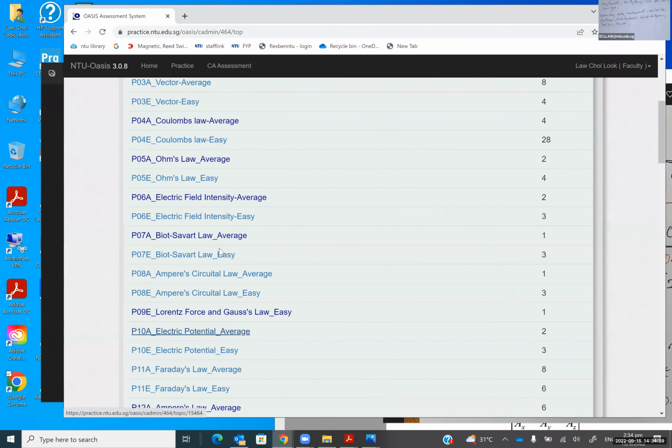If you scan through the topics, I think our tutorial did not do any on Coulomb's law, did not do anything on Lorentz force and Gauss law, did not do much on electric potential. So we start from here, Coulomb's law average.